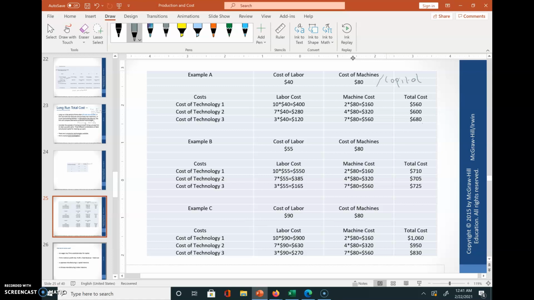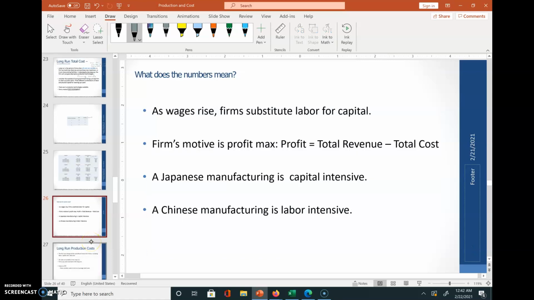The same thing I have from example C, and I see the cost of labor went up even more. However, the cost of capital, this is the same. So I have a bunch of random numbers here. I want you to look at the theory, the analysis before these numbers.